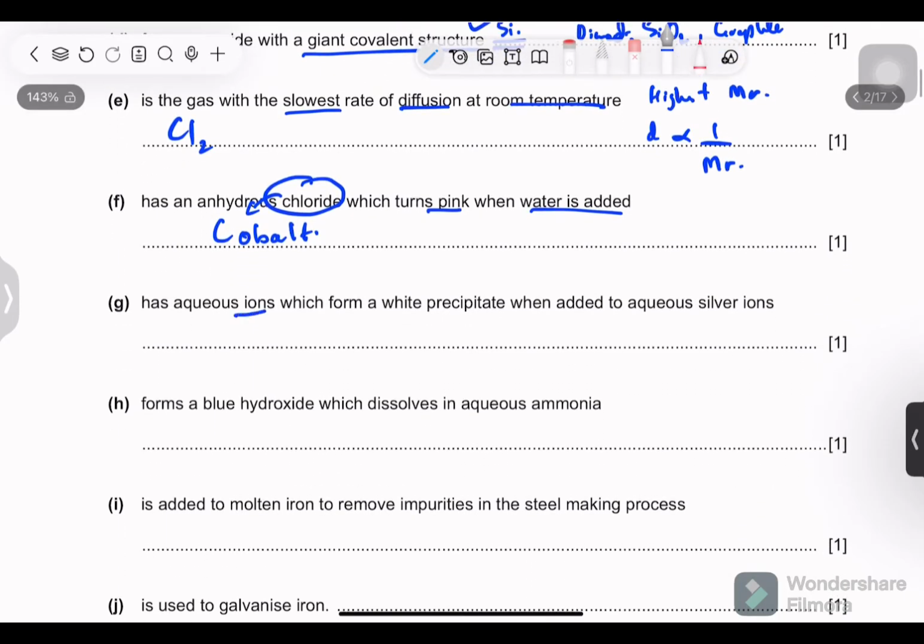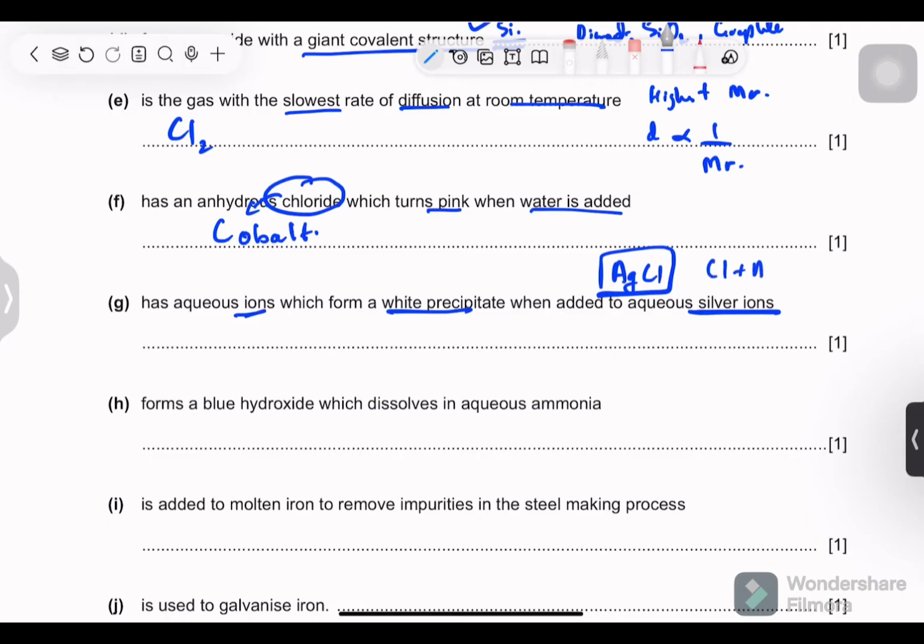Next has aqueous ions which form a white precipitate when added to aqueous silver ions. So the silver has an insoluble salt with Cl. AgCl is an insoluble salt which will give us a white precipitate.